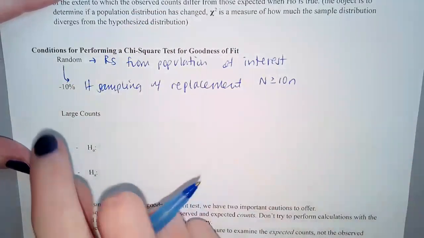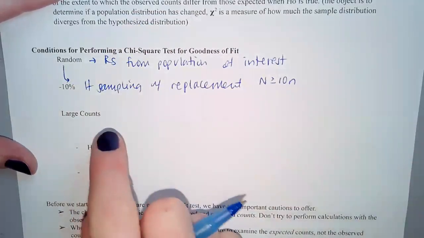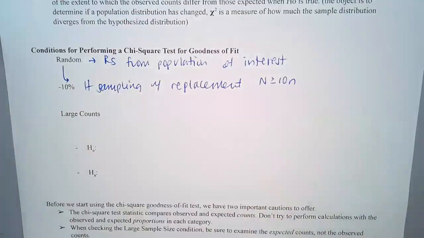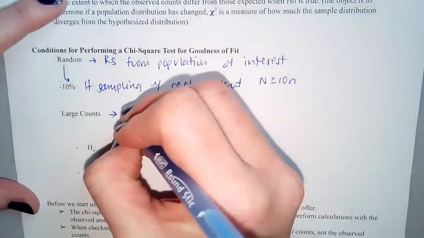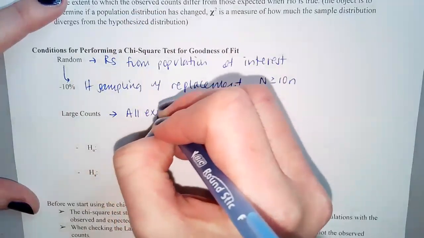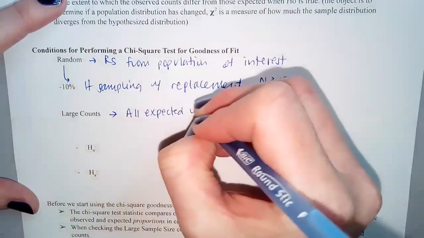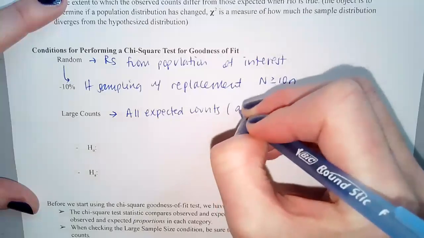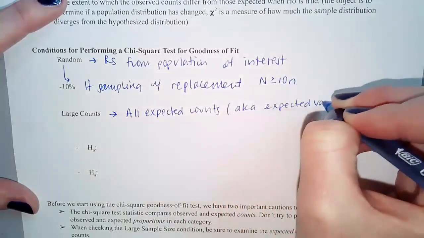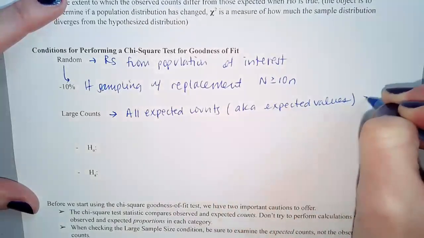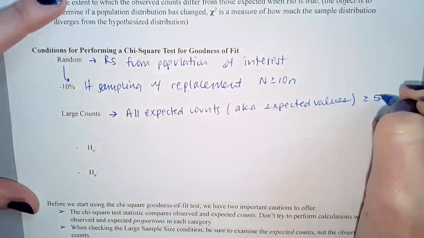And then we use a large counts, but this large counts is not like it was before. Okay, so this is written this way: all expected counts, and that's the same thing as expected values, are all greater than or equal to 5.